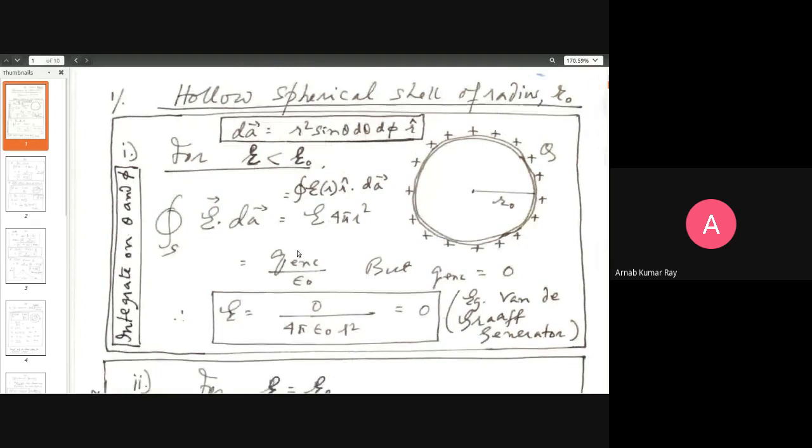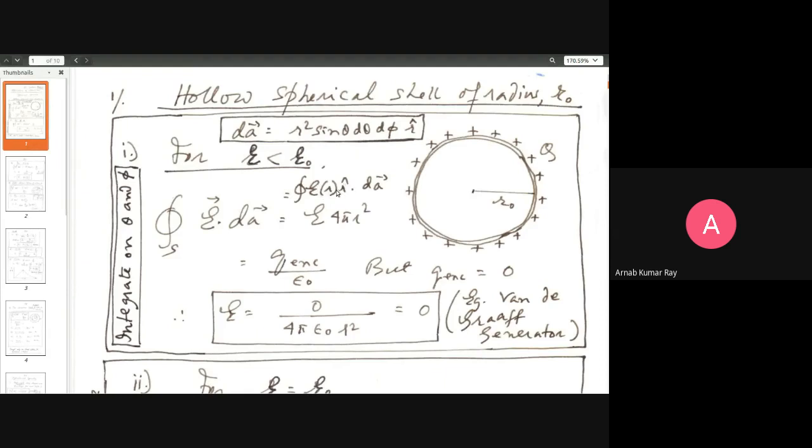In all of these cases, the basic approach is to write the integral of E dot dA over the surface. What is the surface area element on a spherical surface? The area element on a spherical surface is r squared sine theta dθ dφ r cap. The electric field is a function only of r and acts along the r cap direction.